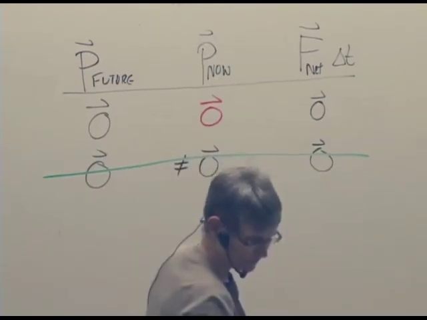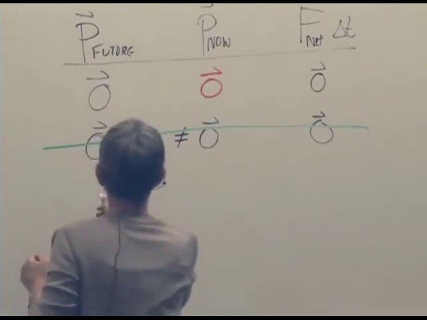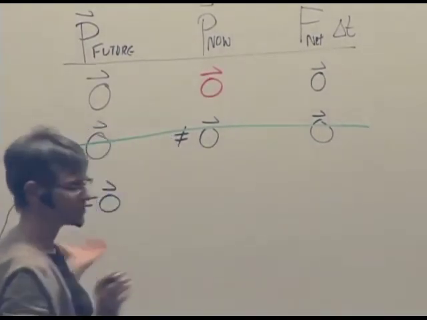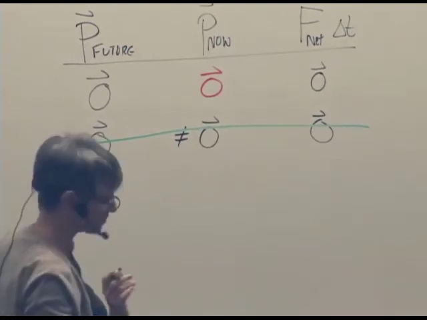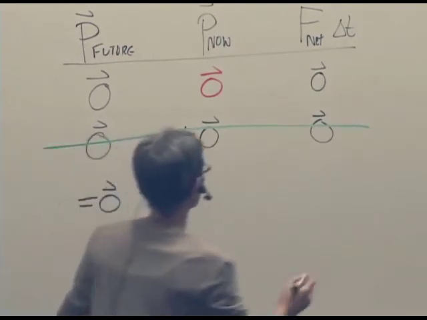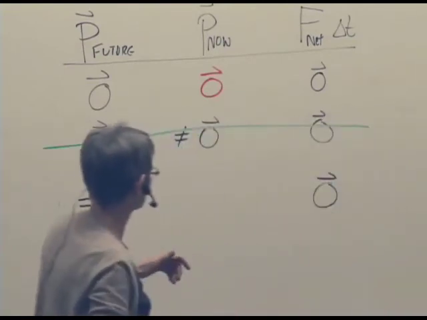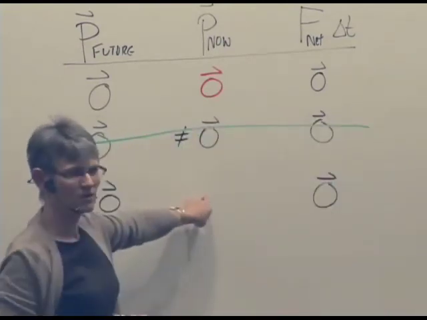Okay, let's think about the other situation. Suppose that the momentum of an object in the future we think is going to be 0, and there's a net force of 0 acting on it. What has to be true here?